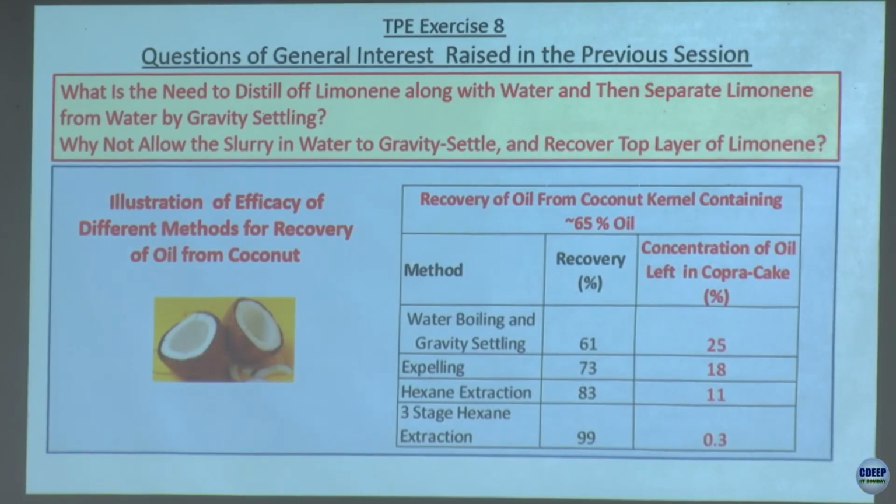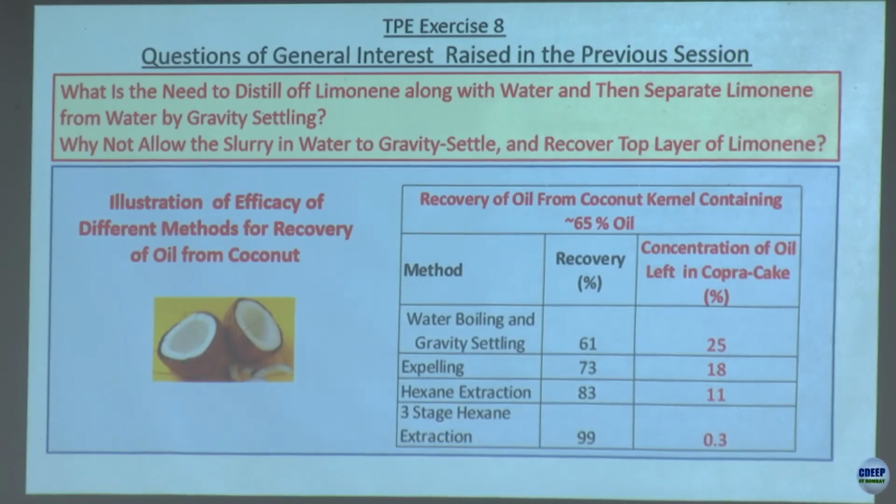You can do a second stage, you can do a third stage as well. And if you do 3-stage extraction with hexane, 99% of the oil would be recovered, and the residue would be 0.3%. So D-limonene can be extracted using hexane because the concentration available is 2% and this is 0.3%. So therefore you will be able to extract.